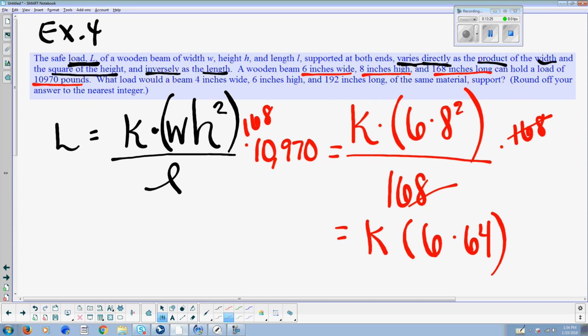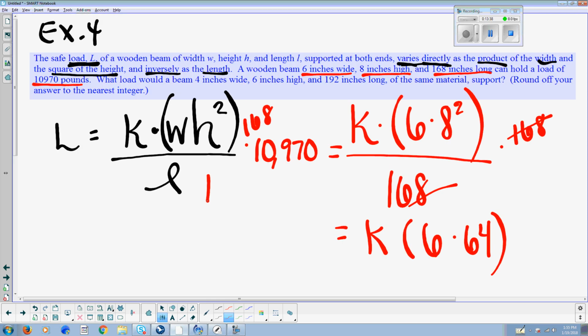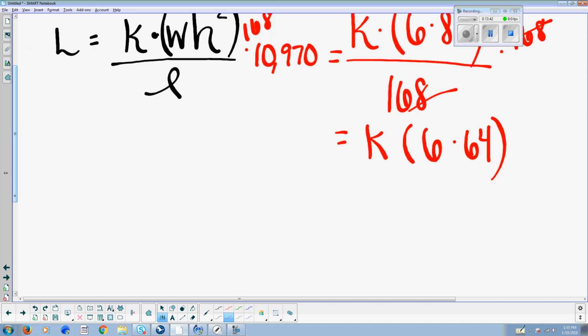And then 168 times 10,970 is a really big number. 1,842,960.